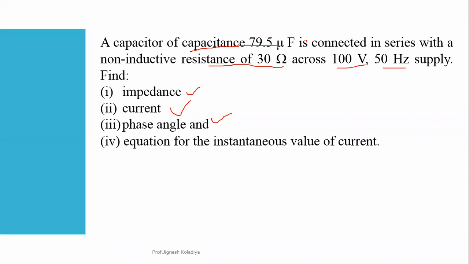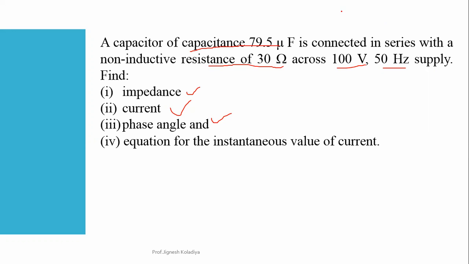So, first of all, can anyone tell me what is the first step if you want to solve this type of numerical? First of all, we have to identify the case, whether it is an RL circuit, RLC circuit, or RC circuit.